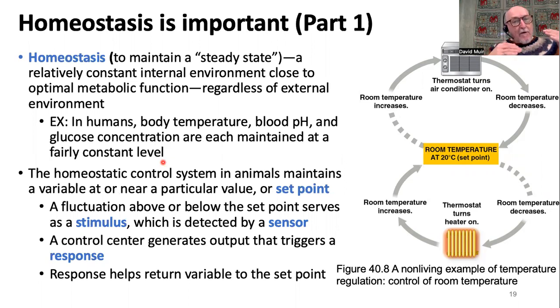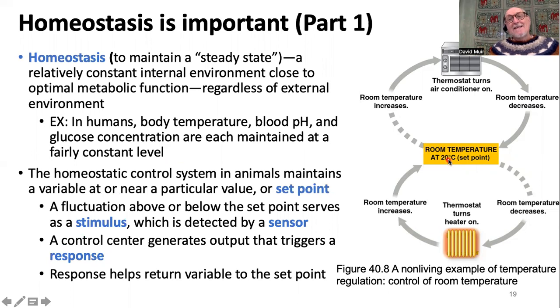And if we vary from that optimum, then the body responds in such a way as to restore the conditions to that set point. We can use an analogy, and that is if we have a heating and cooling system in our homes, and we set the temperature at a particular point. Let's say it's 20 degrees Celsius.